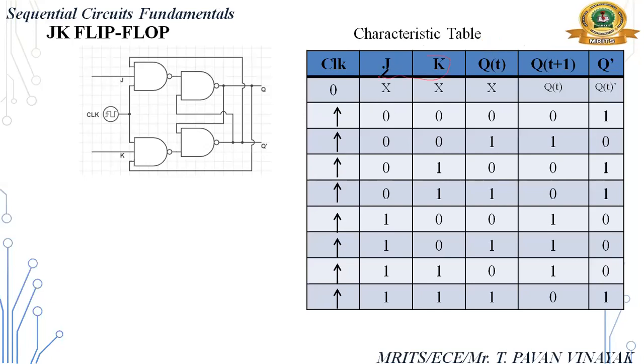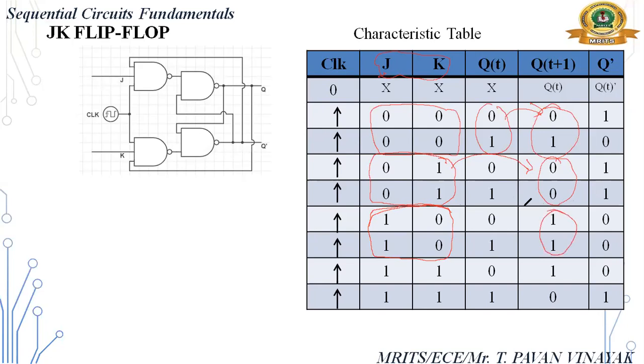Whenever JK is 0 0, whatever Q is, output will be that one only. Both are same. Whenever JK is 0 1, output is always 0. Whenever JK is 1 0, output is always 1.